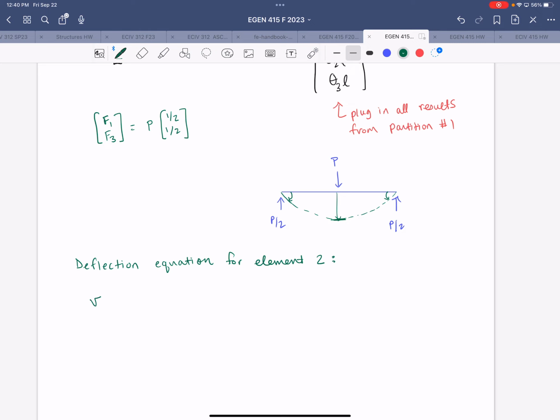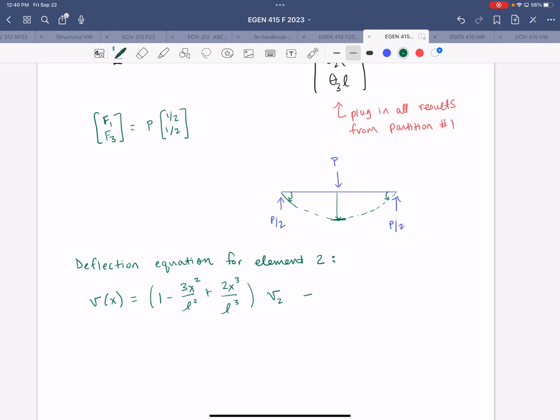So we'll have v of x for element 2 would be equal to, in parentheses, the term 1 minus 3x squared over L squared plus 2x cubed over L cubed times V2. And then I'm going to just skip theta 2L and V3 since they're equal to 0.